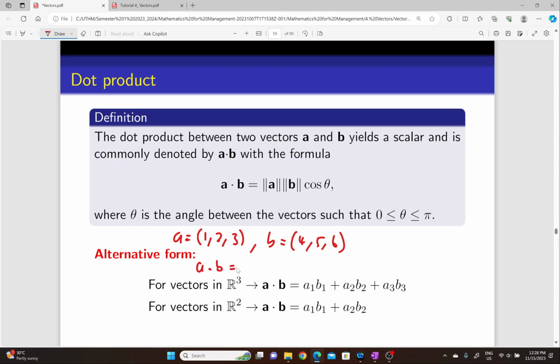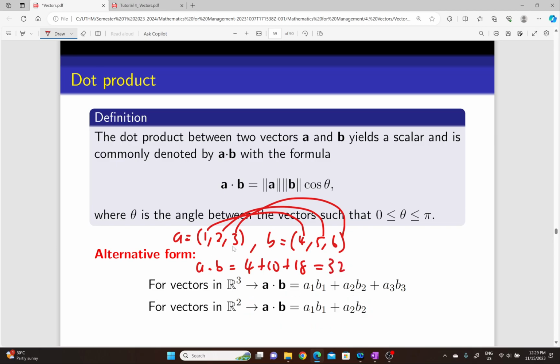A dot B, how to write it? You multiply 1 times 4 is 4, 2 times 5 is 10, 3 times 6 is 18. If you add all these things, that is your dot product.